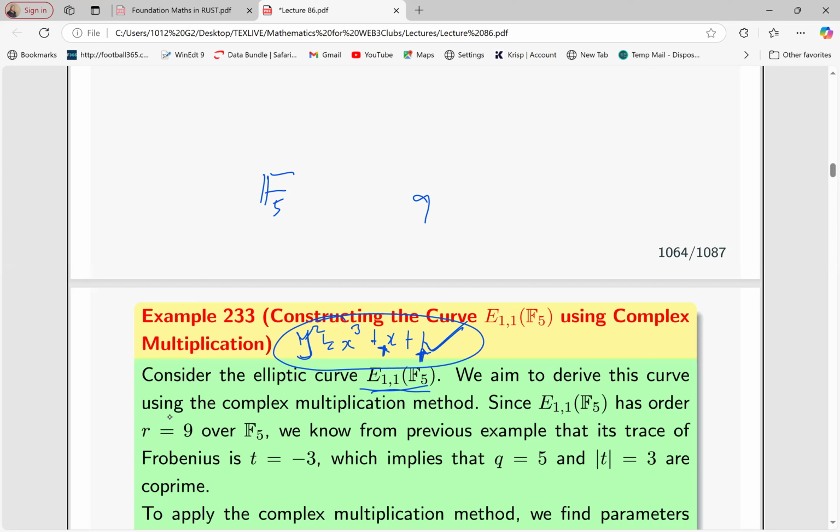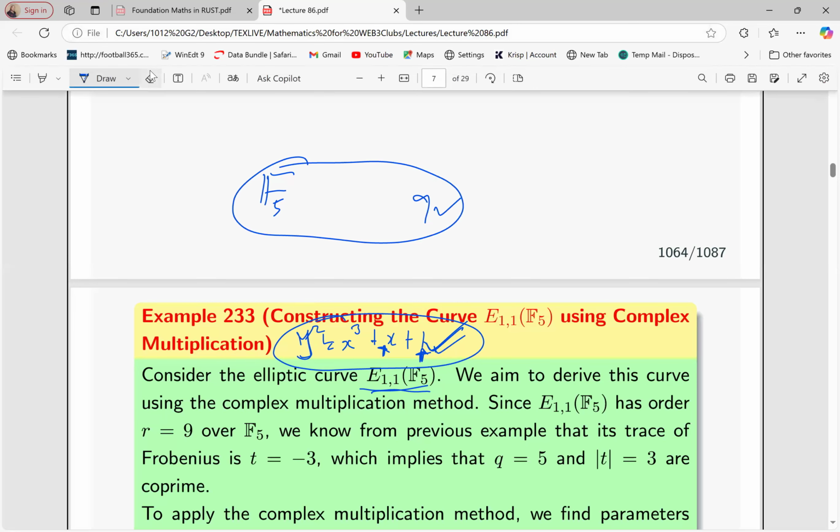We choose the number of points we want. So we've chosen 9 points. We want an elliptic curve of 9 points. Then we choose the field. On what field do we want it? We want it on this field. So let's begin with these two and see that we come up with this equation. This equation is what we want. These are the conditions we want our elliptic curve to meet.